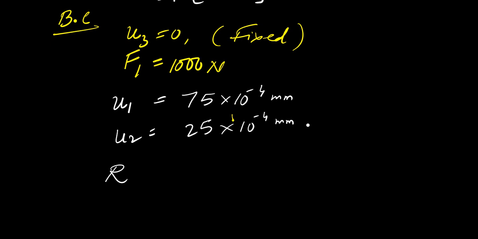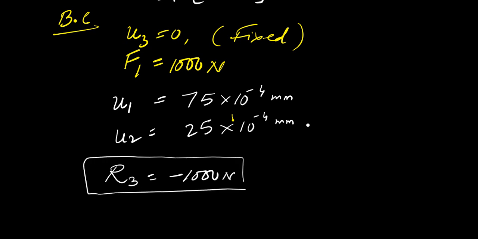R3 we are getting is minus 1000 Newton, opposite to the load. Or you can just pick up the third row of the matrix and substitute the values of U1 and U2, so that you get the value of F3.